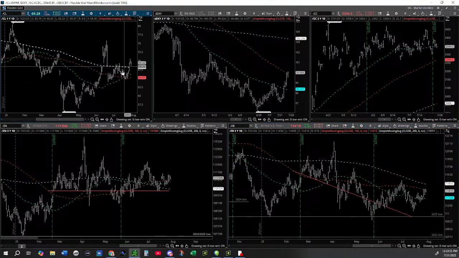This is, I think, crude oil coming back or keeping these prices. You can see a trend here, a trend to the upside. That's a good sign, actually. At least traders are having the impression that the economy is good, right?